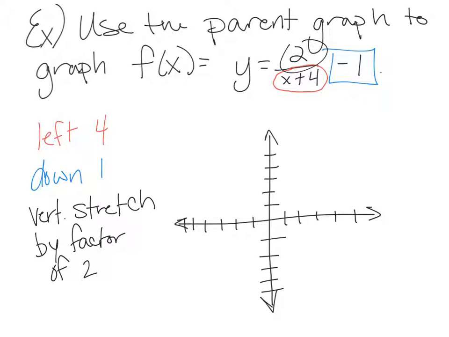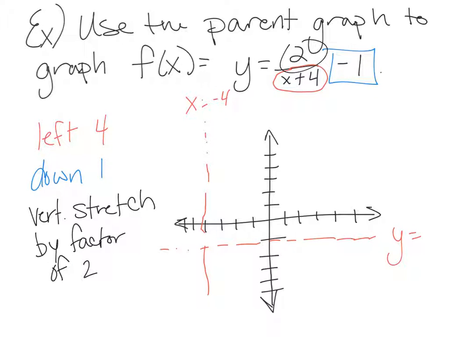So now when we graph this, it's going to move left 4 from our original parent graph. So if we move left 4, that's like us having a vertical asymptote at x equals -4. Down 1, now we have a horizontal asymptote at -1. It was at 0.